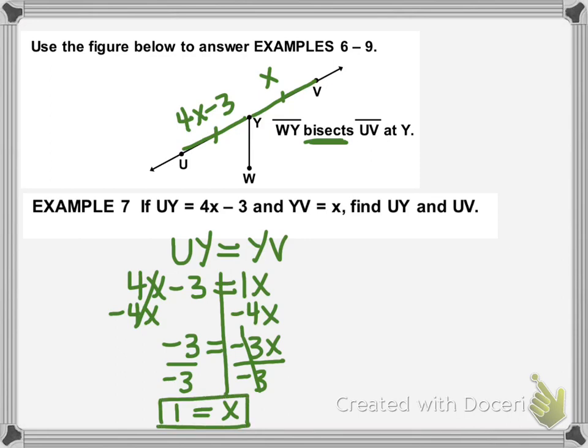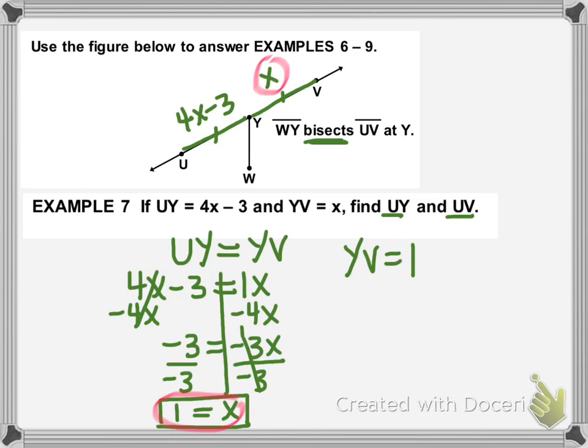But it's asking for UY and UV. So this is where we have to plug them in. Now we know the two lengths are equal. So if YV equals x and x equals 1, then YV is 1. Oh, that's not what it asked for.